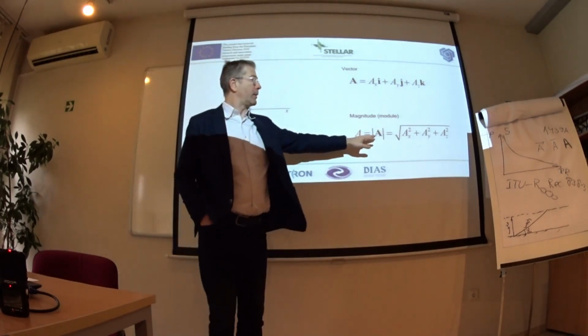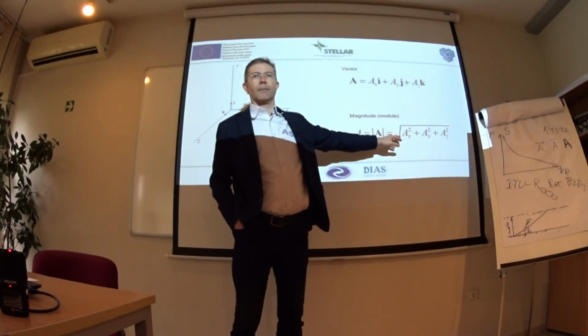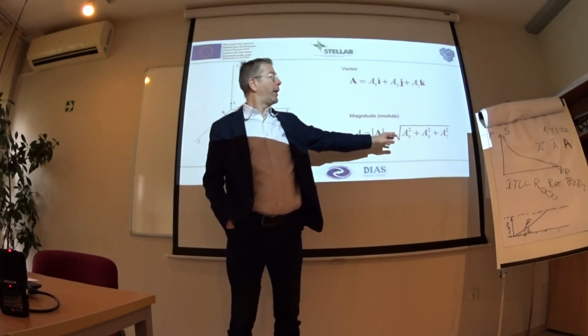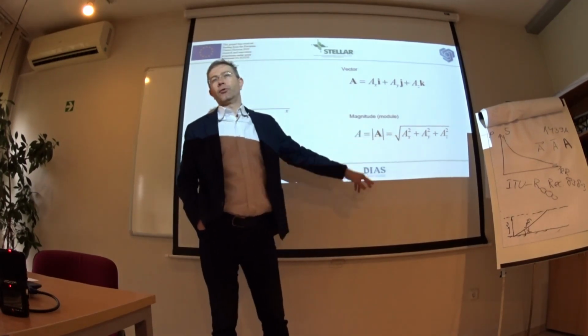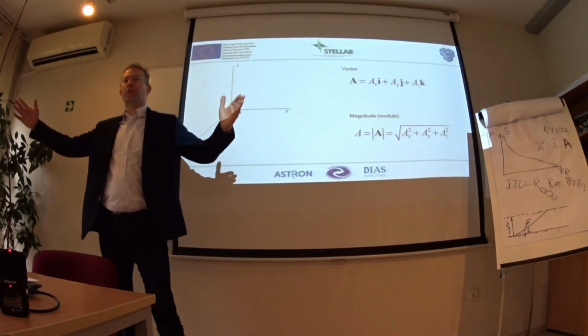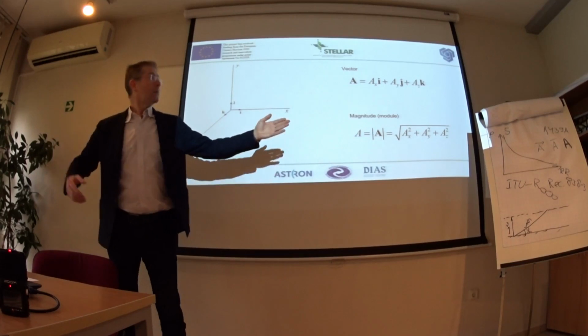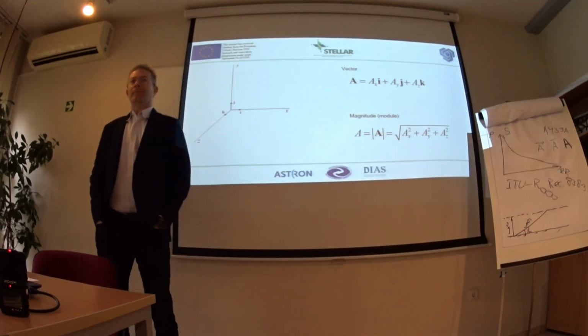And if we take the root mean square, we get the module or the size, dimension, the length of our vector. Easy.